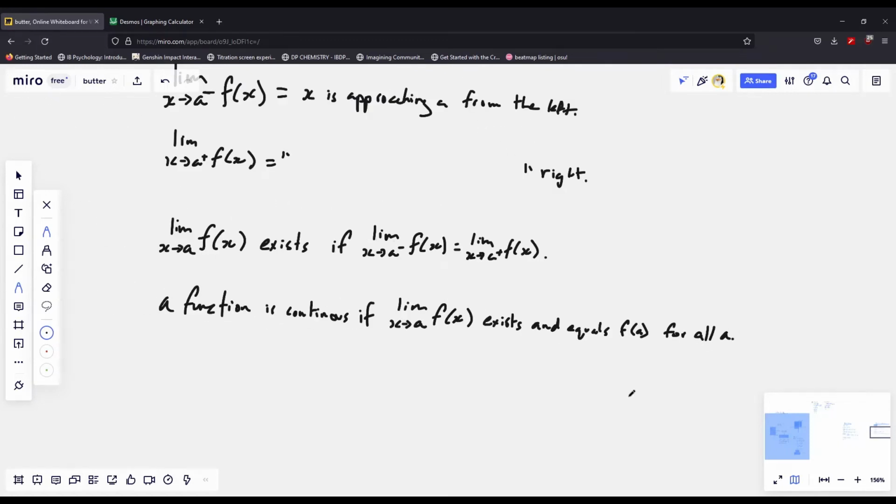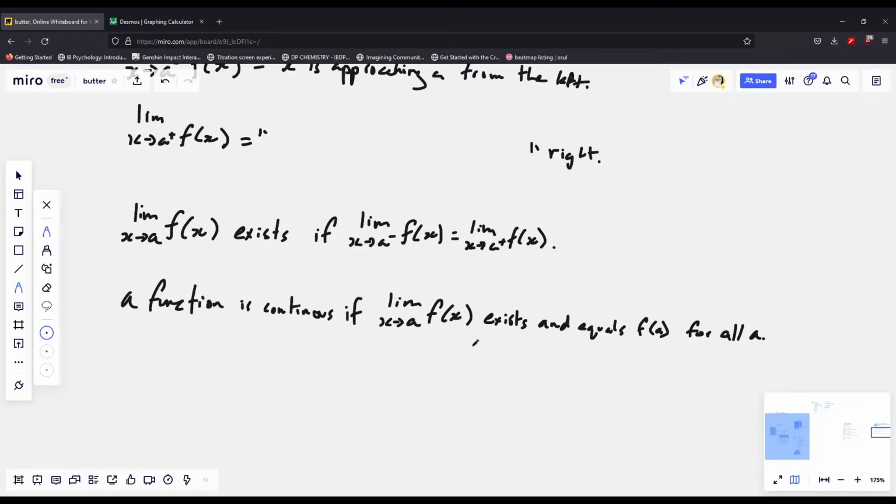This is a lot to take in, so let's dive in step by step. We say that the function is continuous if this limit exists. Remember that we just defined this: it exists if the left and the right side both exist. That's good enough. And equals f of a for all a.